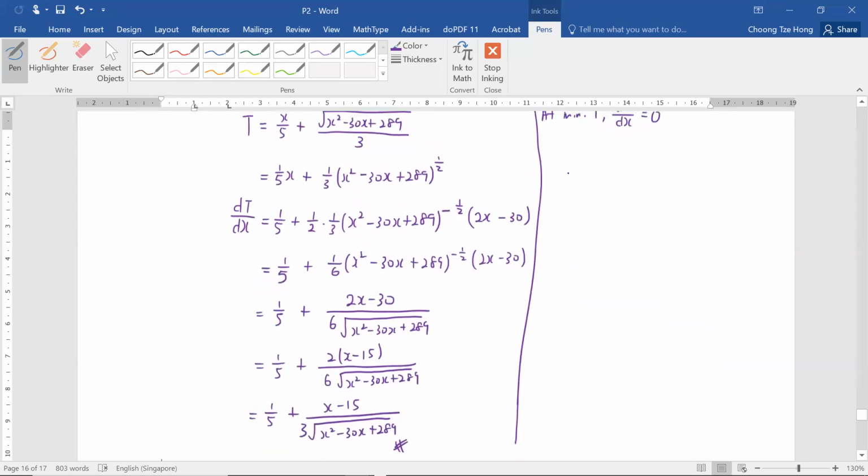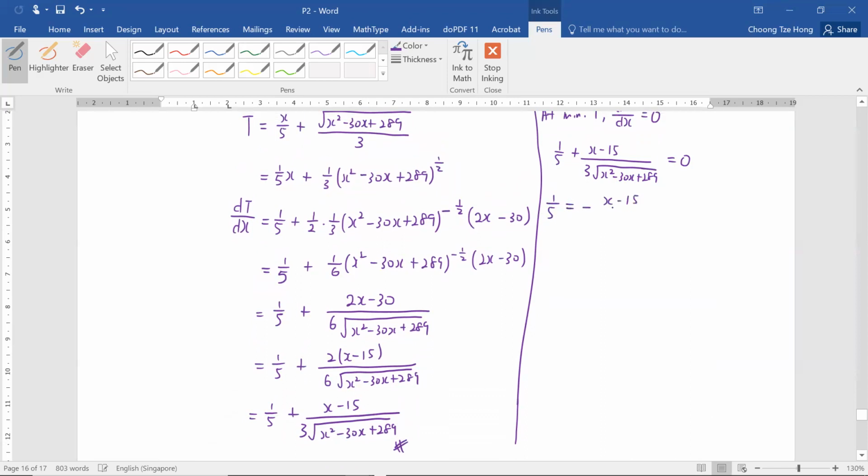So 1/5 plus x minus 15 over 3 square root of x squared minus 30x plus 289 equals 0. To solve this, we'll bring the whole of this term to the right side.